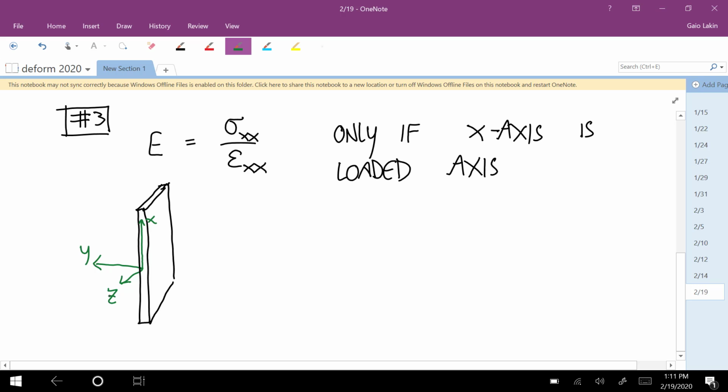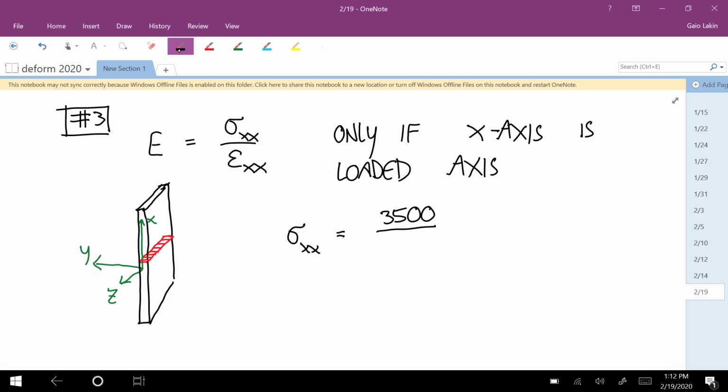And so sigma XX is, the force was 3,500. And then the area that matters for that, you're always thinking of the cross-sectional area that's perpendicular to that force.